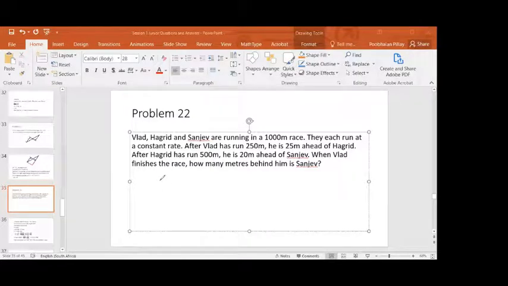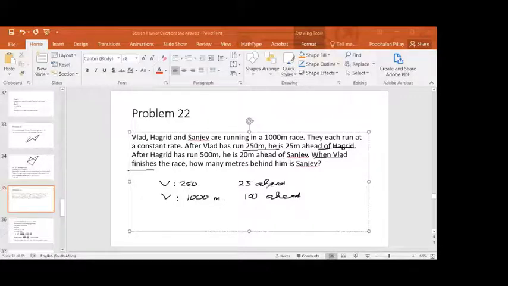When he has done 250, I just want to focus on this part here. He is 25 meters ahead of Hagrid. Now, here you say Flood finishes the race. That means he has done 1,000 meters, in which case he would have been 100 ahead, because they're running the same pace.